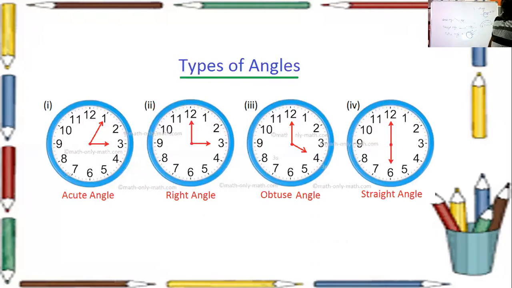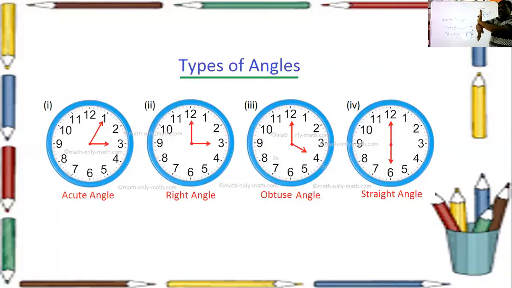Four examples of 4 different timings of a wall clock are shown here. You can see and measure. Definitely you can find these angles. The first one you can see is an acute angle. Both the hands are very near. If they are in an L shape, you can see 90 degrees. If it is more than an L shape, the third one, you can see an obtuse angle.